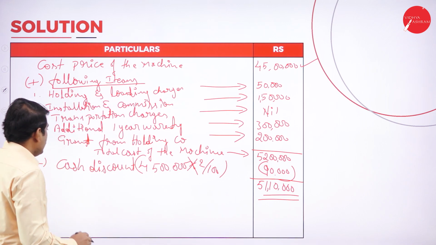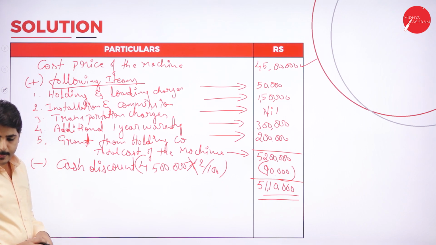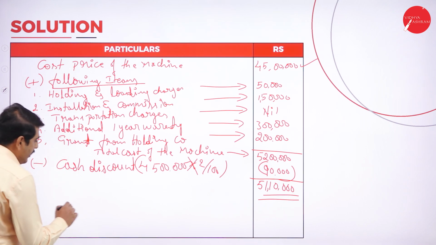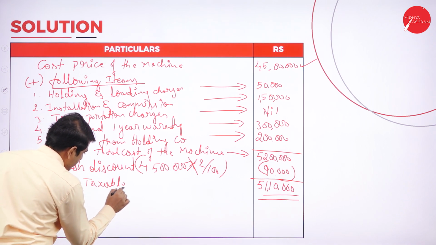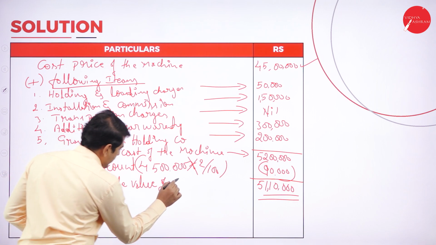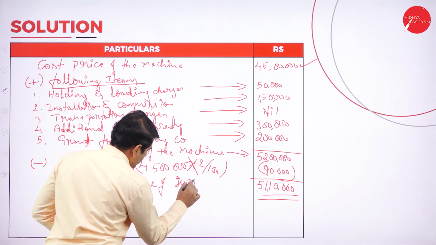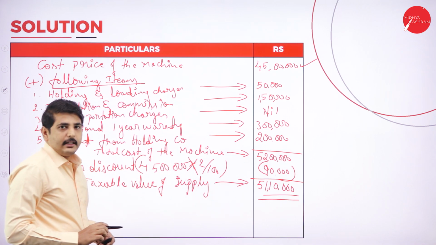So this is the total value of supply or taxable value of supply. Now let's calculate the GST.